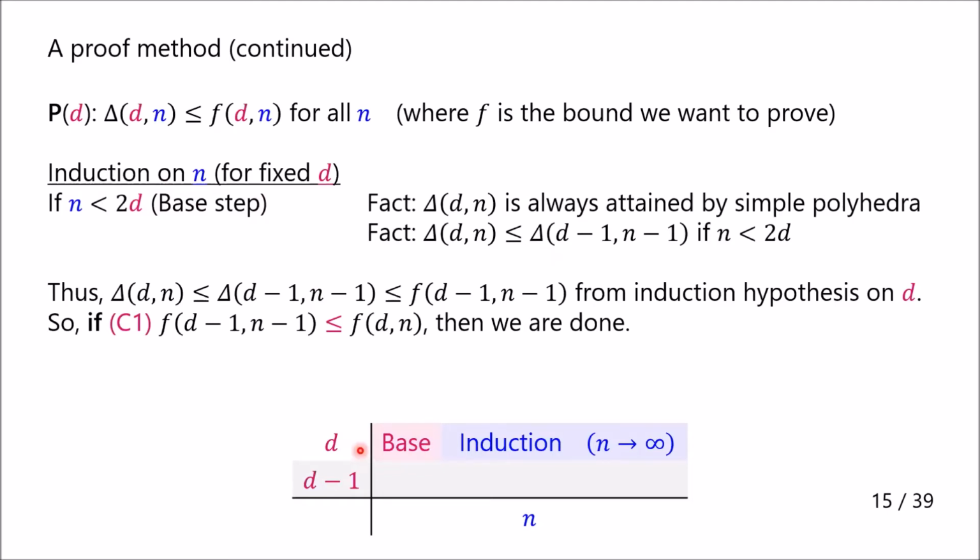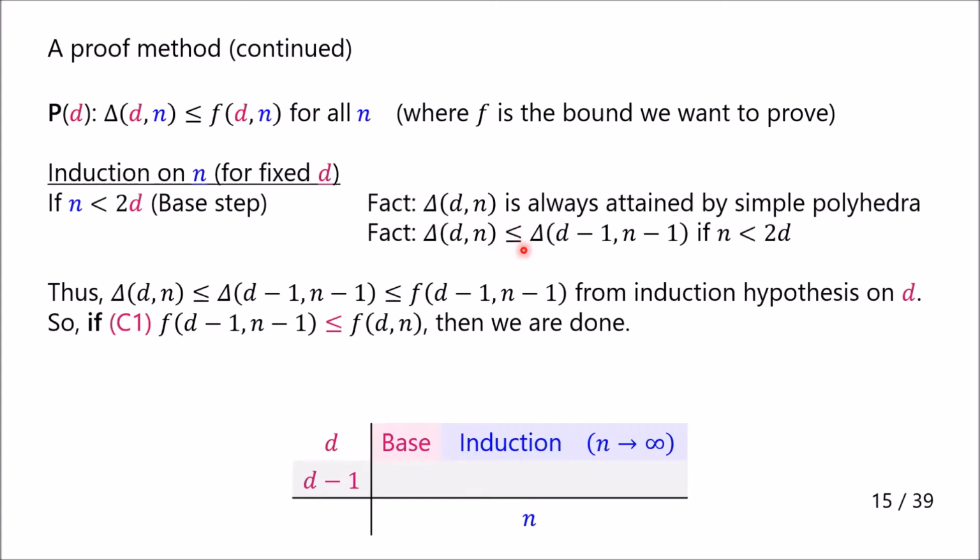And it is known that the value of delta d n is always attained by simple polyhedra. So together with this assumption that n is less than 2 times d, this fact implies that this inequality holds.